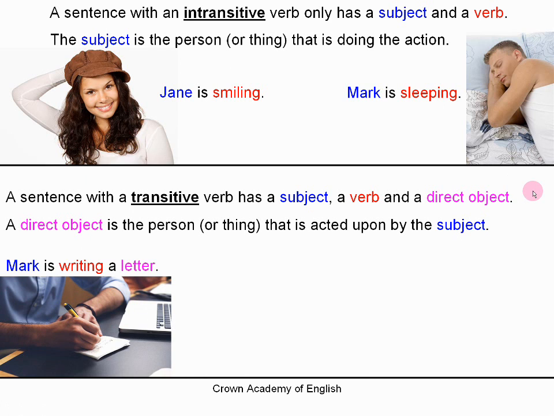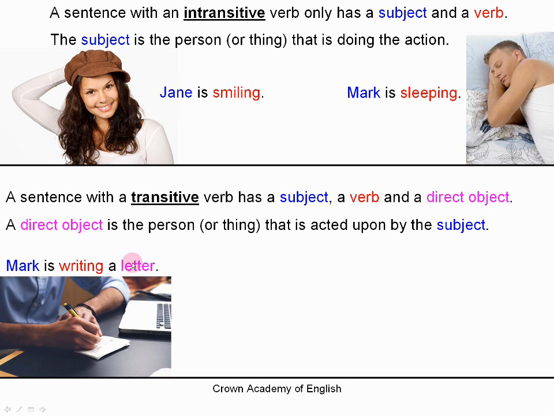Example, Mark is writing a letter. So Mark is the subject, this is the action, writing, this is the verb, and the letter is the direct object. Okay? Because the letter is being acted upon by the subject.